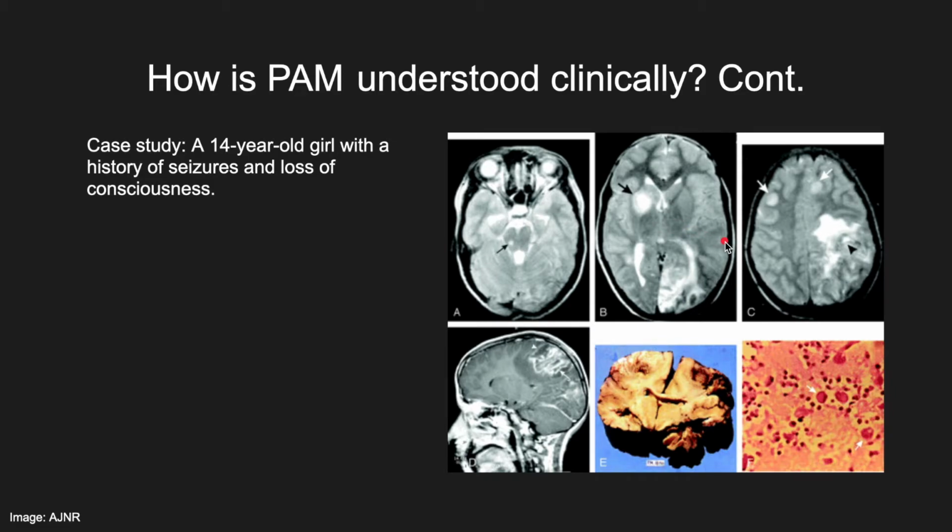And then image D shows the same thing, but at a side angle. And then from image E, you can see multiple bilateral necrotic lesions largely confined to the gray-white junctions.